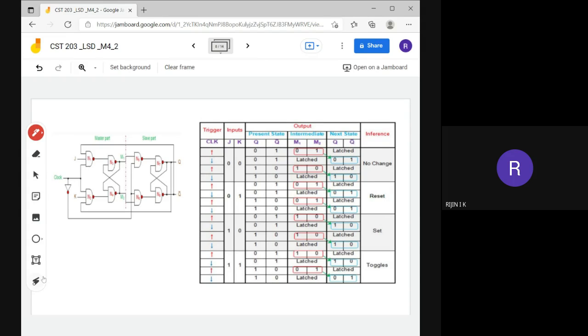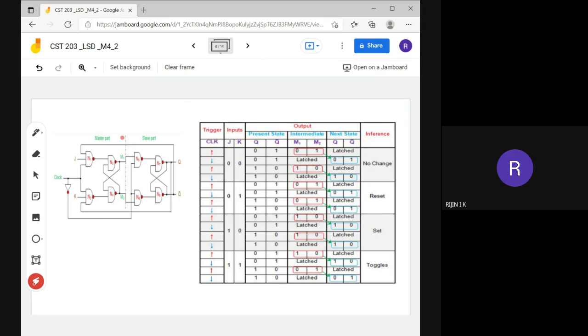So this is our master slave flip flop and this is the table corresponding to that. Here we are applying the trigger clock pulse, high or low. Then these are the inputs J and K, and this is the present state Q and Q bar.